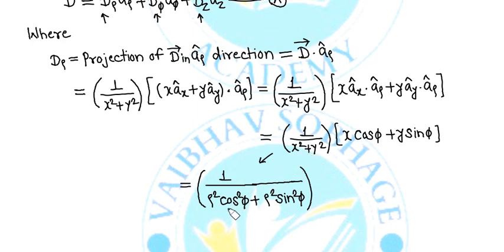So x square is equal to rho square cos square phi, and this will be rho square sin square phi. Now we have again x is equal to rho cos phi, and this rho cos phi of the x goes into this cos of phi of the dot product. We have y is equal to rho sin phi into that sin phi again.